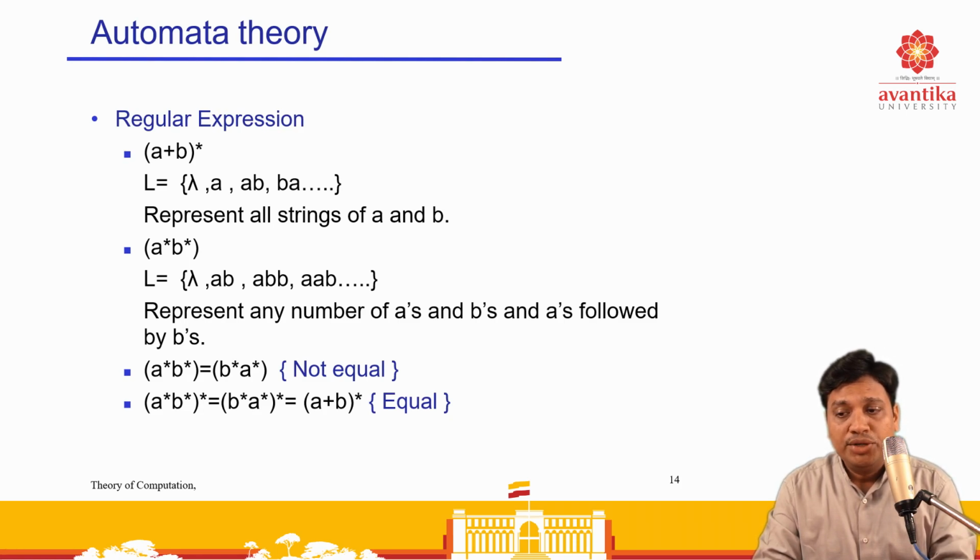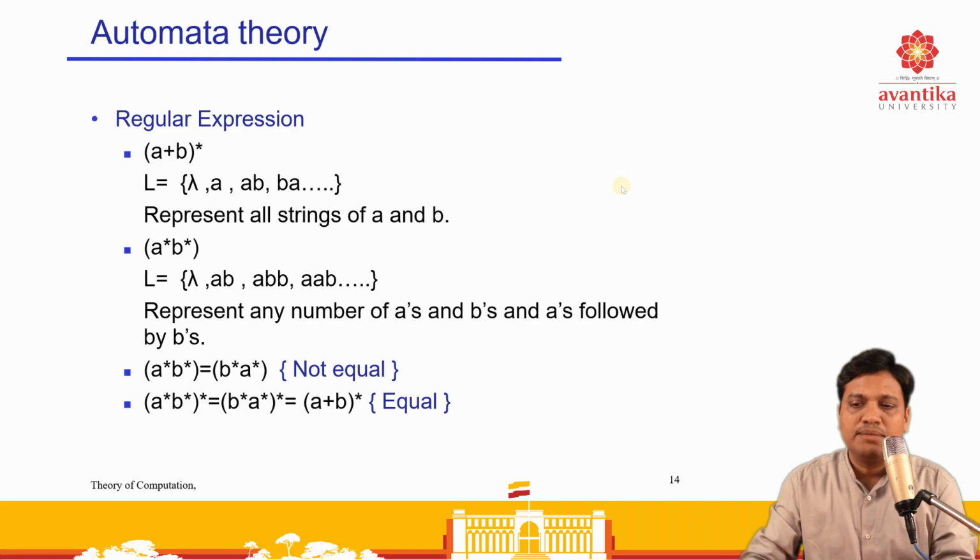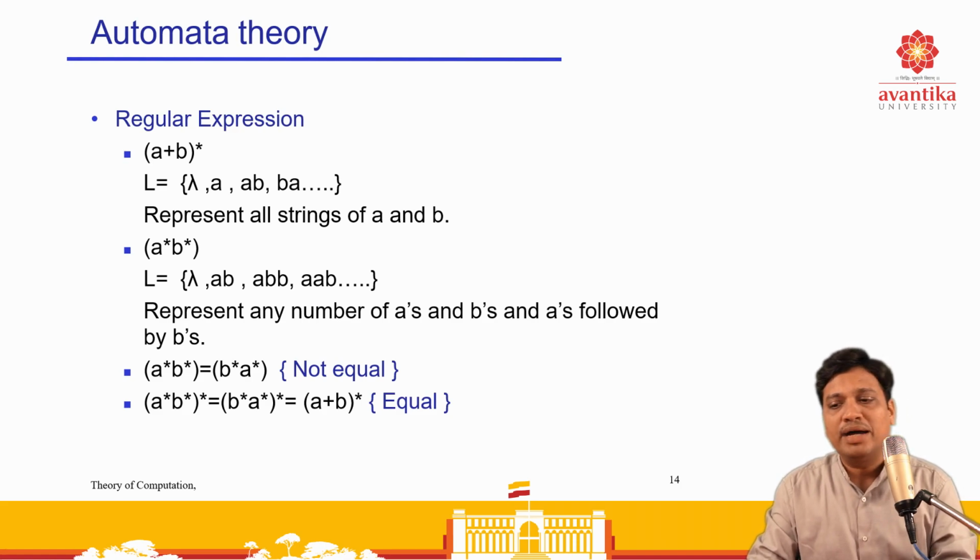Now check the equality of regular expressions. Taking another example, A star B star equal to B star A star. But both are not equal, because the first regular expression represents A's coming first, means A's followed by B's, and the second is B's followed by A's.